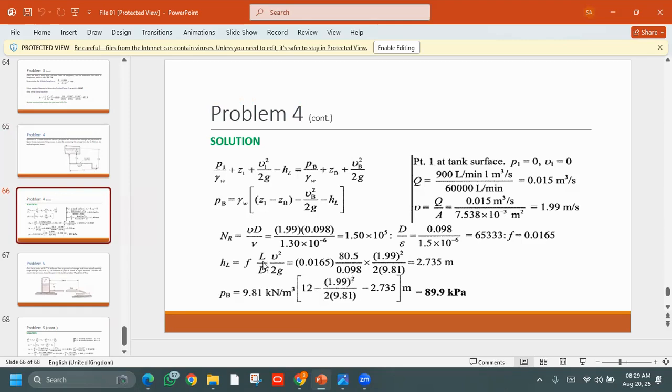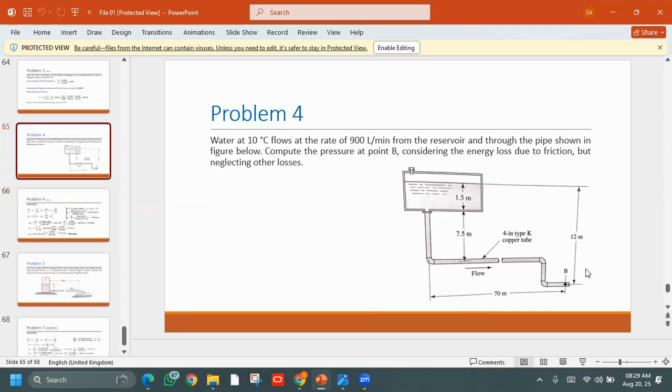We have the velocity term v squared over 2g, with g equals 9.81, and the last value, which is the head loss, 2.735, which we calculated from the Darcy equation. So the pressure at point B equals 89.9 kilopascal. That's how you can calculate the pressure at any point between a pipeline and the tank.